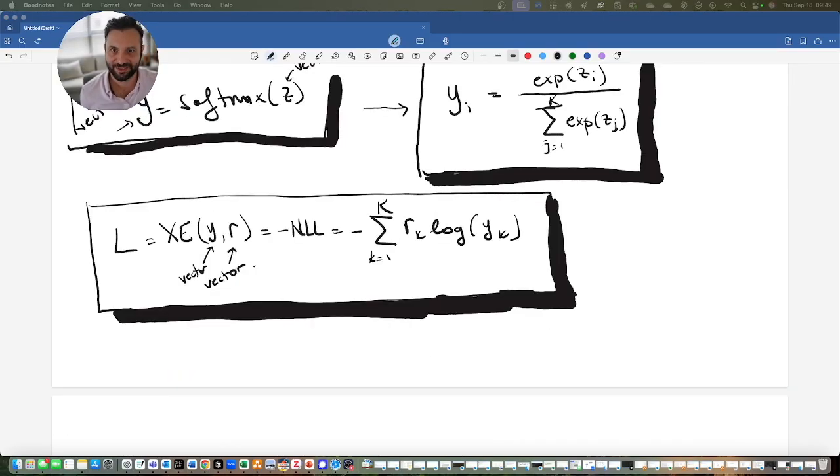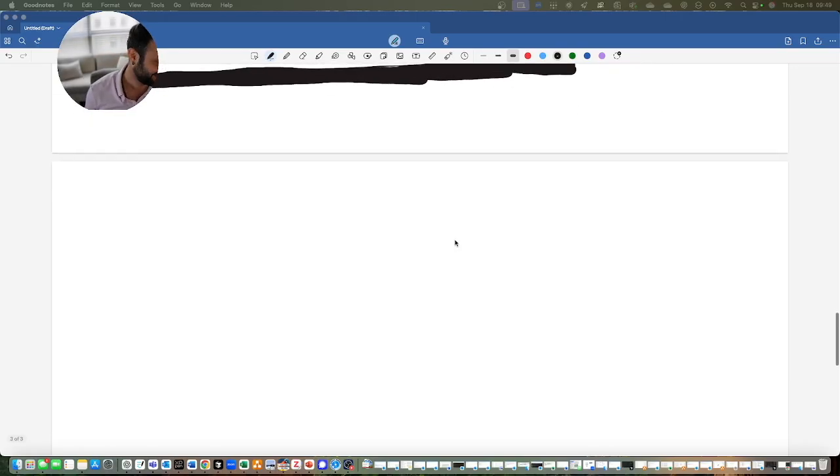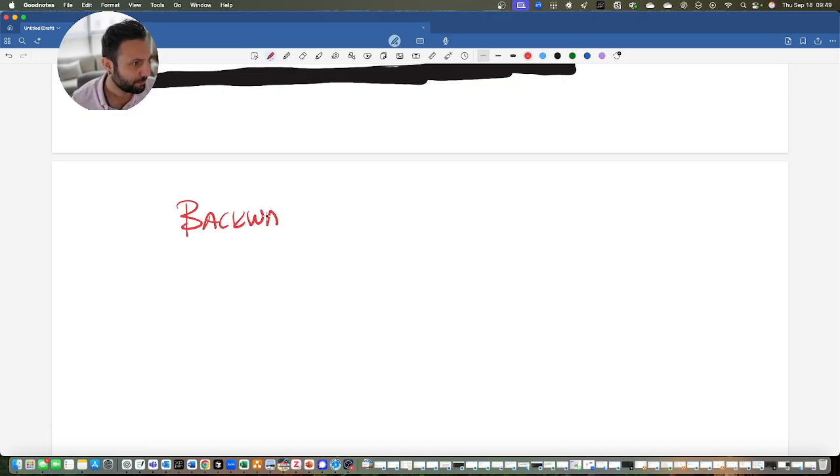All right, now moving to the most interesting thing, backward, aka error backpropagation. Why it is called error backpropagation is going to be more obvious after I introduce it. So let's say backward.